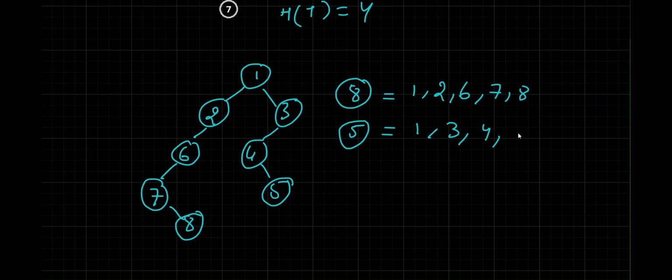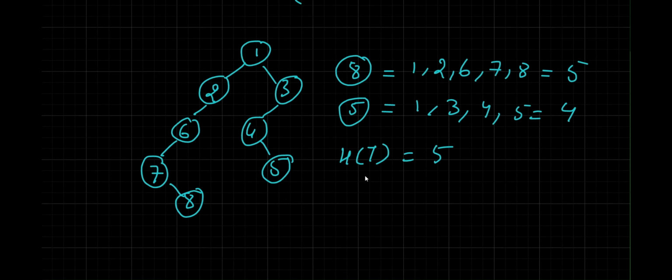If you calculate how many nodes we traversed for leaf node 8, that is 5. But for leaf node 5, it is only 4. So the height of this tree is 5. This is how we can calculate the height of any binary tree.